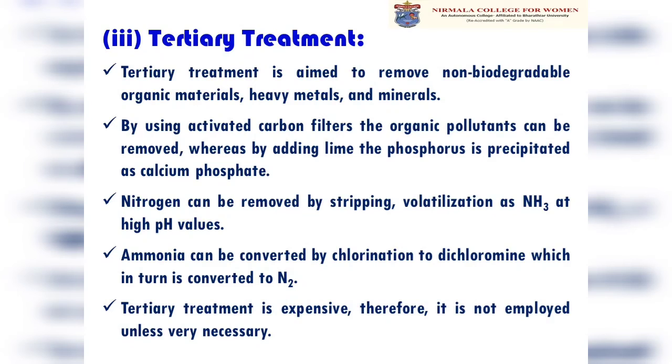Nitrogen can be removed by stripping, volatilization as ammonia at high pH values. Ammonia can be converted by chlorination to dichloramine, which in turn is converted to nitrogen. Tertiary treatment is expensive, therefore it is not employed unless it is very necessary.